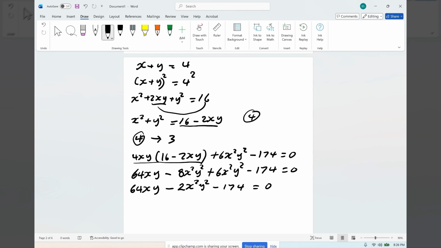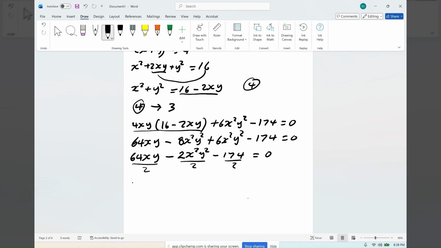Let's divide everything by 2. We have 32xy minus x squared y squared minus 87 is equal to 0. Let's multiply everything by negative 1 and we'll have x squared y squared minus 32xy plus 87 is equal to 0.